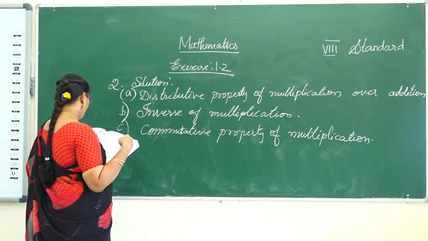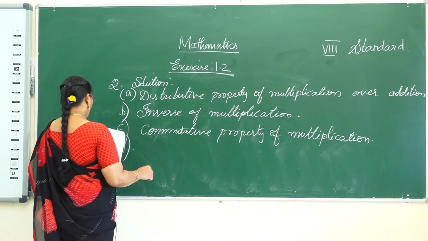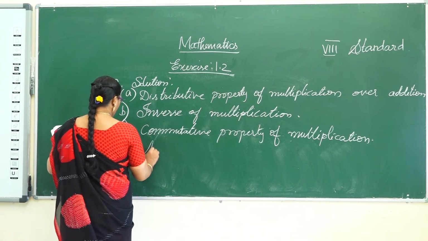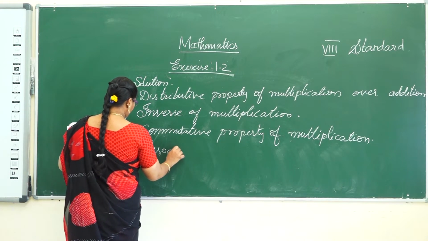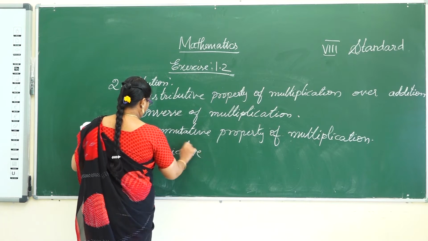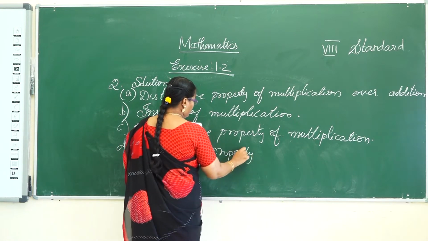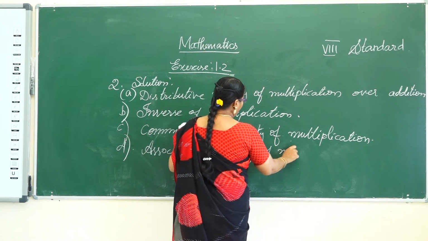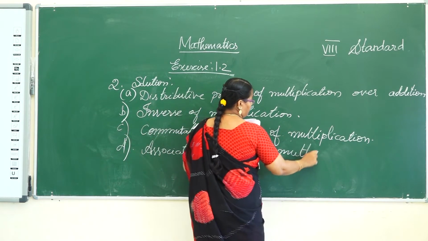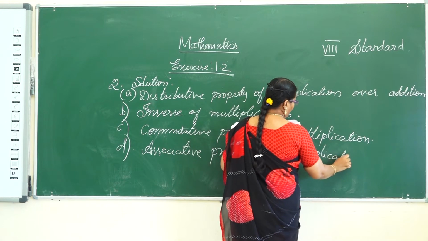Clearly observe the given D problem: associative property of multiplication.